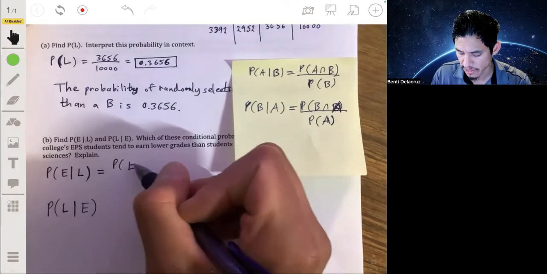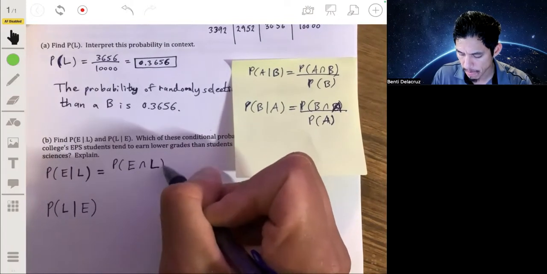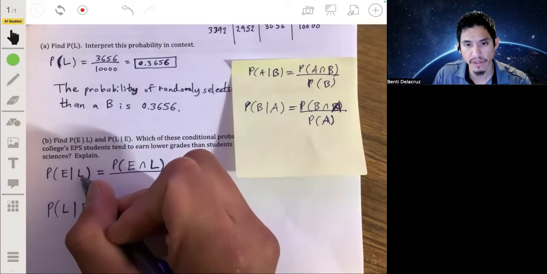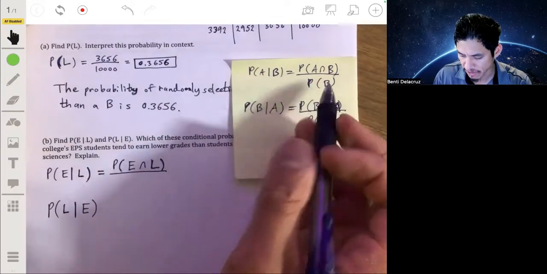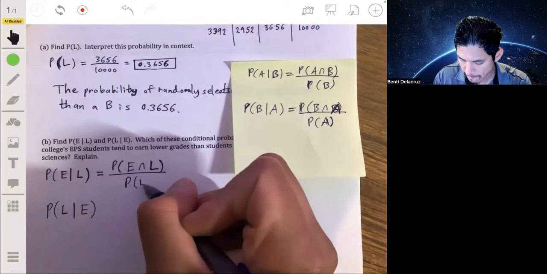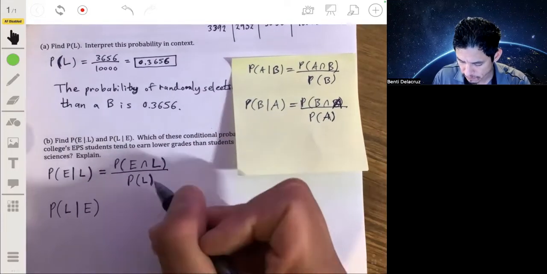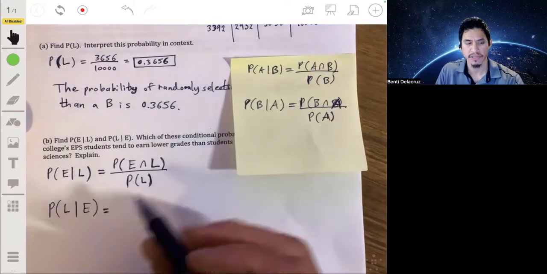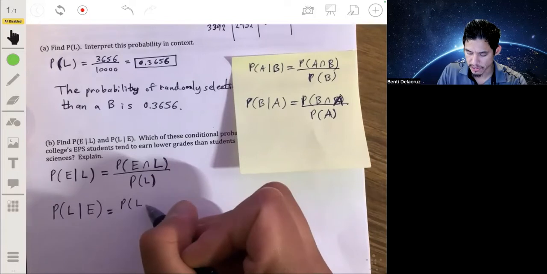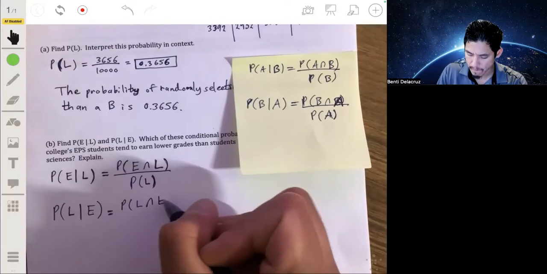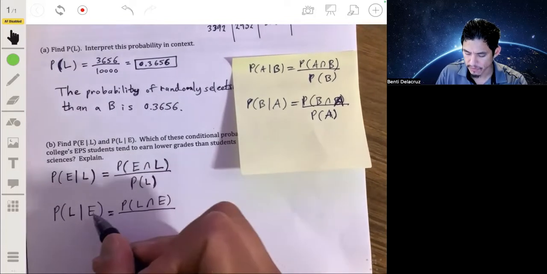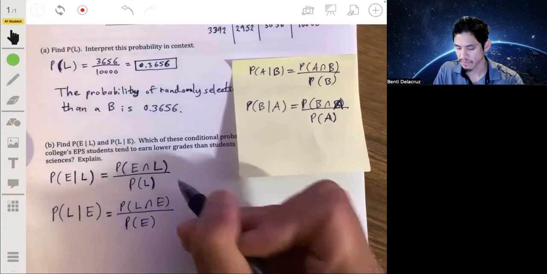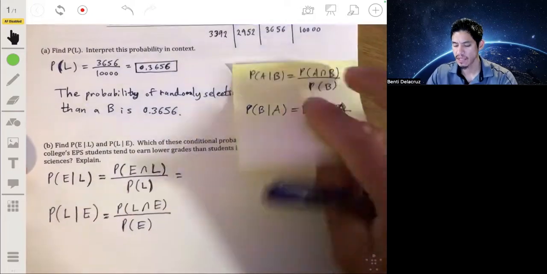So the probability of E and L divided by the probability of L, because remember we divide by the second one. And likewise, we just do the probability of L and E here, and we divide in this case by the probability of E, because that's what we're given.